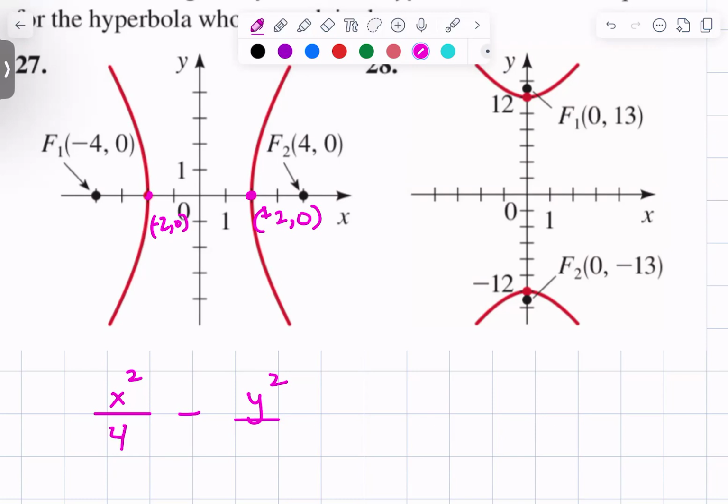My foci is plus or minus 4 comma 0. So c squared equals a squared plus b squared. So that's 4 squared equals 2 squared plus b squared.